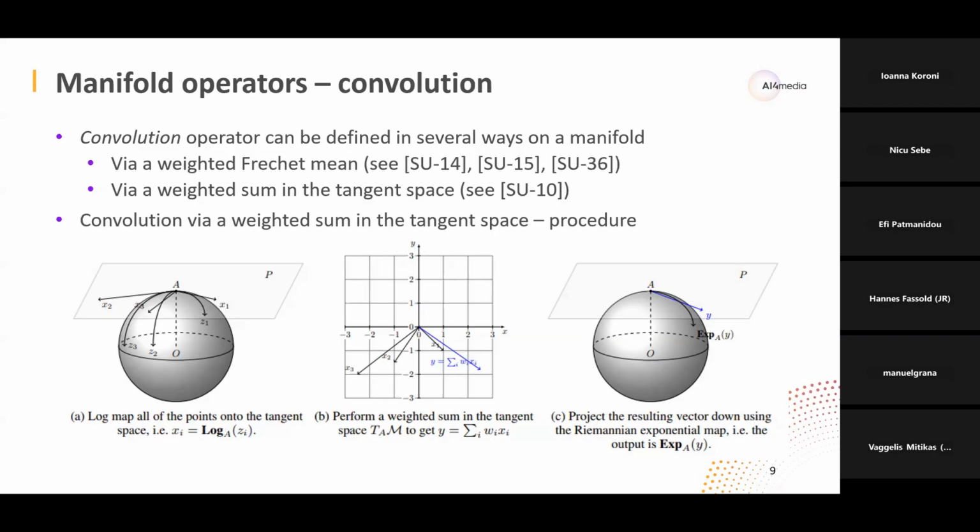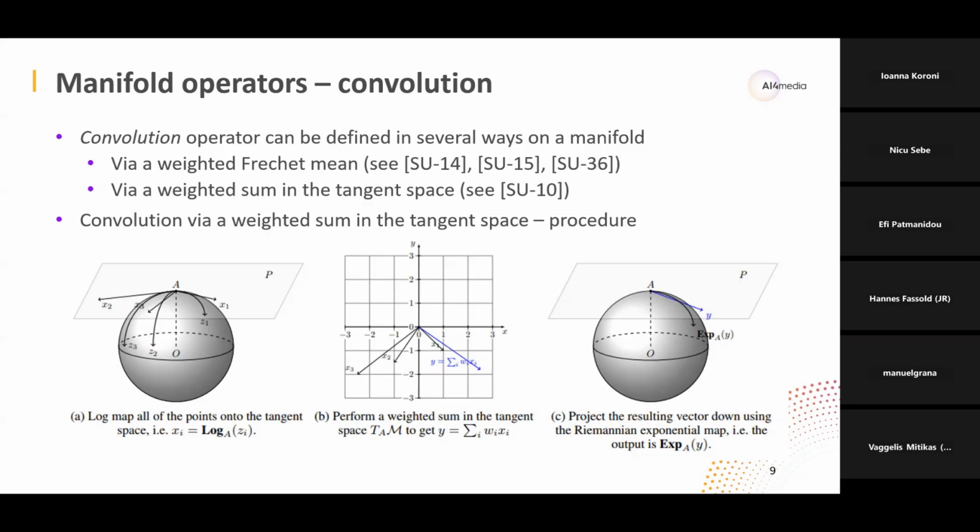Actually, on a manifold, there is not a unique way, but if you check out the literature, you can define it in a couple of ways, but there are two very popular ways to define such a convolution on a manifold. The first one is you define the convolution via a weighted Frechet or Karcher mean.